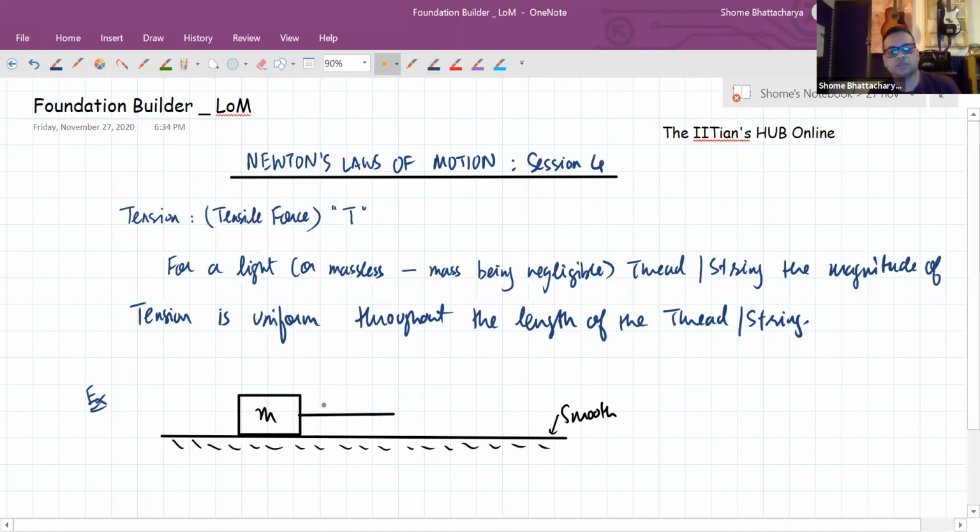Now this is a light thread, and we are pulling this with some external force F.